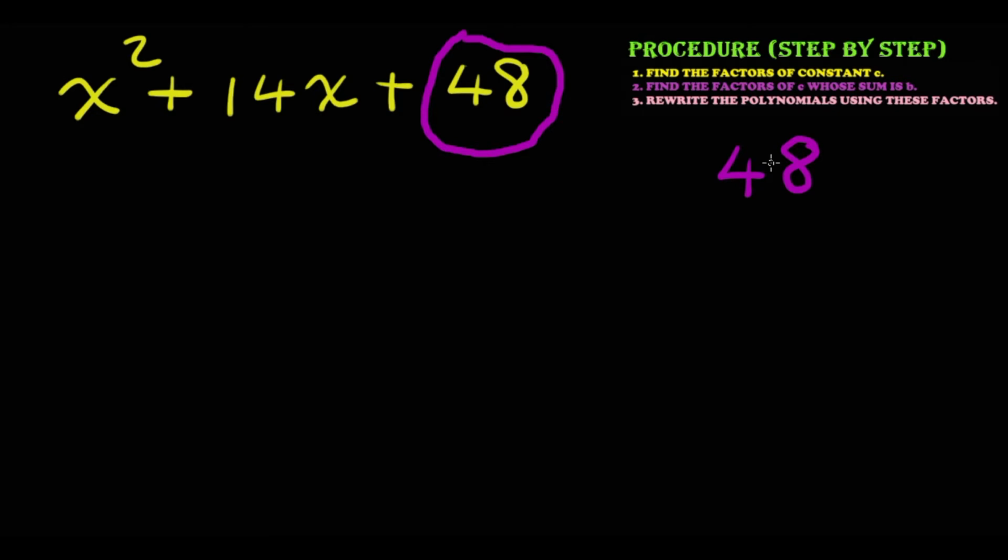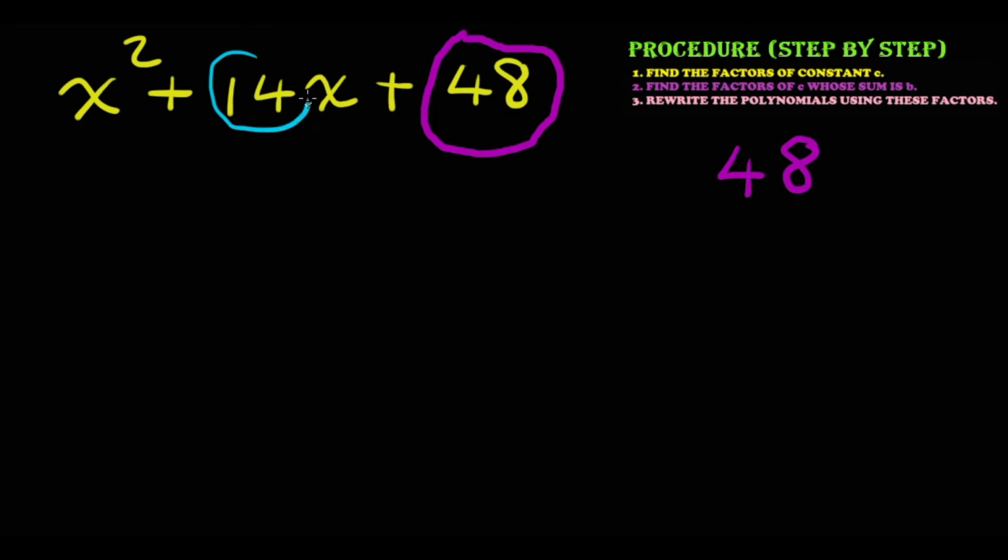That's step number 1. Step number 2 is to find the factors of c, meaning two numbers multiplied to get 48, whose sum is b. When you add those two numbers, it comes out to 14. So your b is 14.